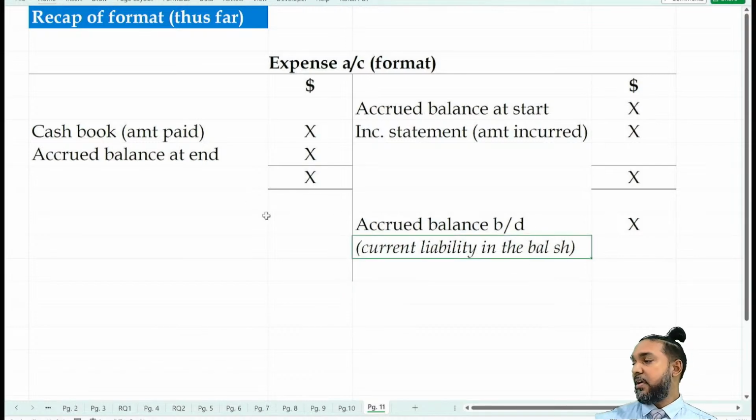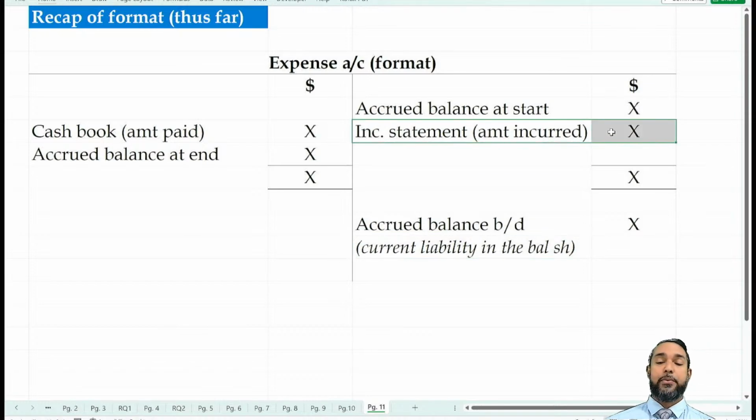Now, the opposite of having an accrued amount where we don't pay enough is where we end up paying too much, or we overpay, or we prepay. So we can have a prepaid balance for an expense. So for example, if the rent was $5,000 and for some reason we wrote $6,000 in error on the check, or we paid $6,000 for whatever reason, we would have paid more than was incurred, right?